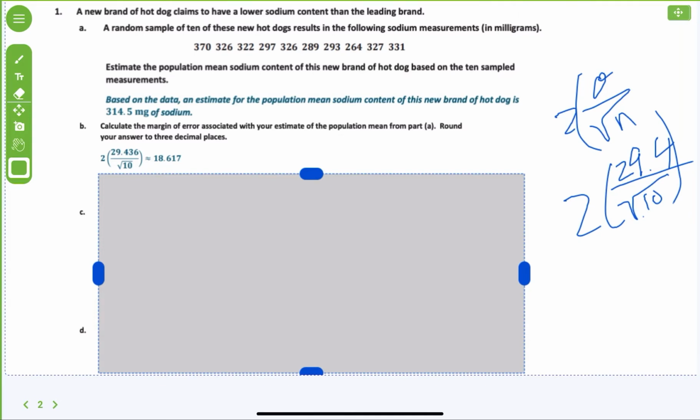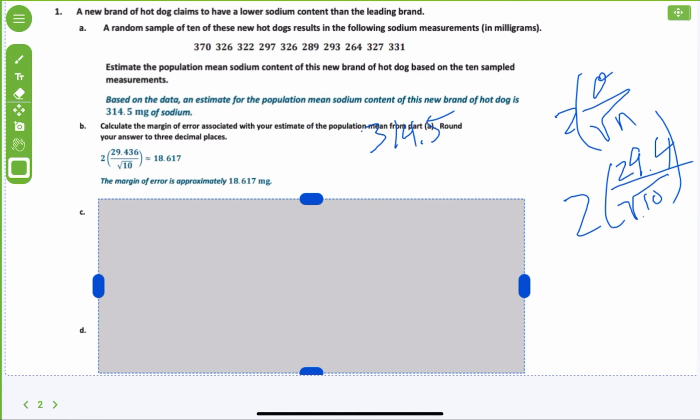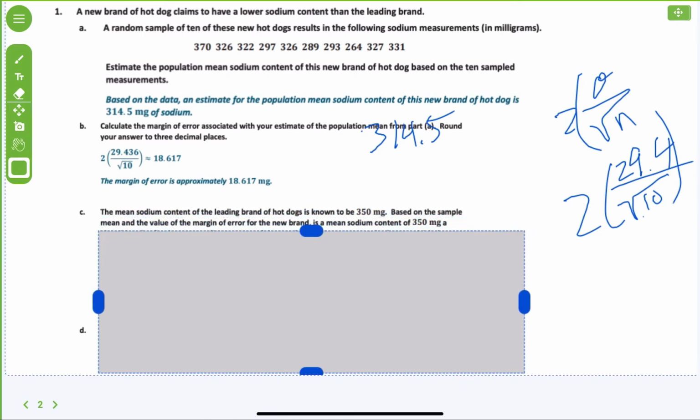So that is the margin of error associated with this population mean of 314.5. The margin of error is approximately 18.617, oh, that's tens of thousandths of a milligram.